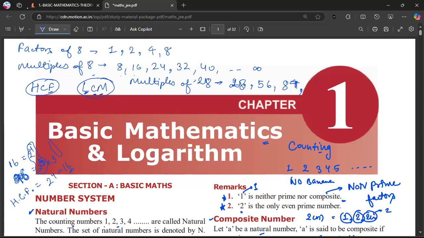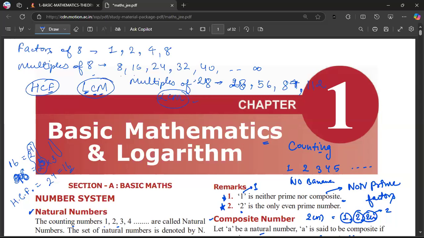28 fours are something like that. So we are going to see the multiples. If we find any multiple common, among all those common multiples, the lowest will be the LCM.